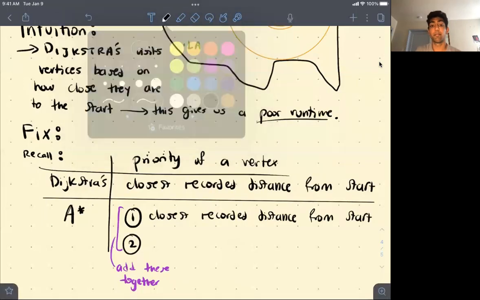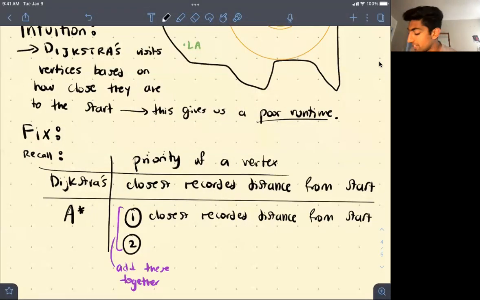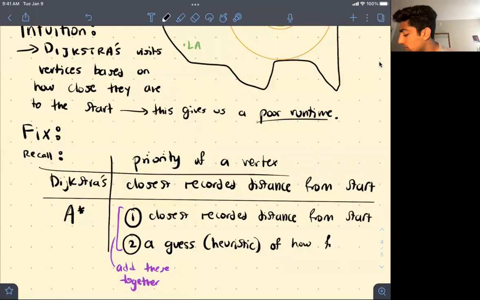We're going to put a guess or heuristic, if you remember game trees, of how far the vertex is to the goal.